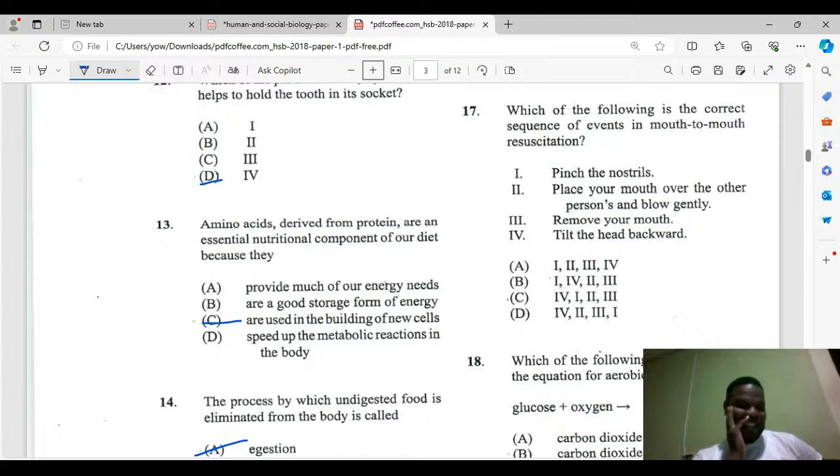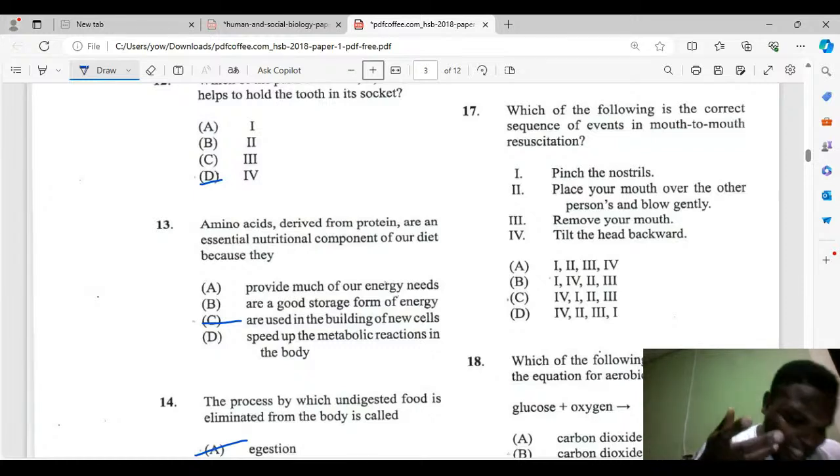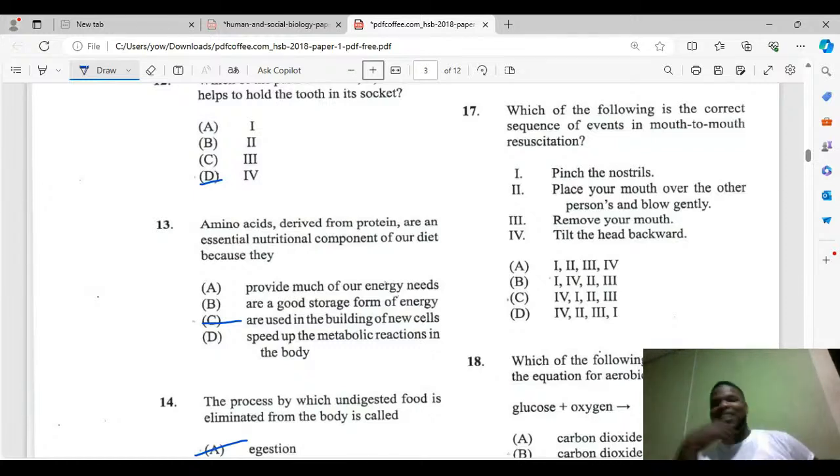That's the first one you're saying. Then you're saying that it should be pinch the nostril. Then you're saying that they place the mouth over the other person, then remove your mouth. So again, different angle, but same sauce.